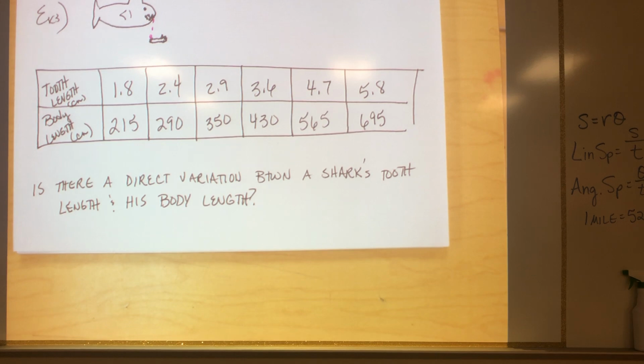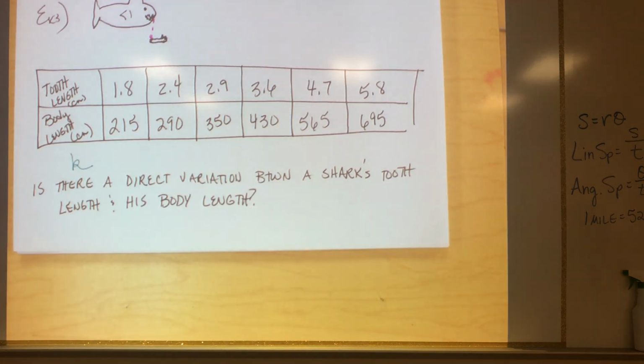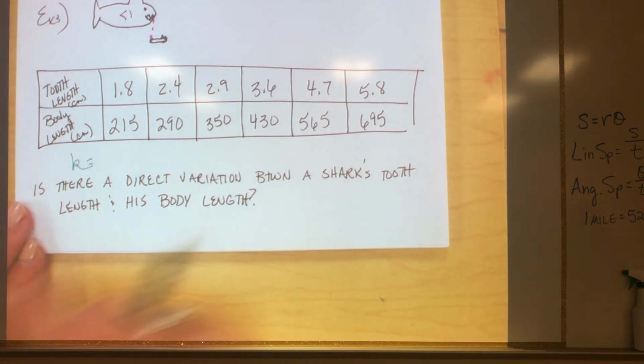So what are we gonna have to find out if it's a direct variation? The constant of variation. You're gonna have to get handy with your calculators. So, who goes on top?